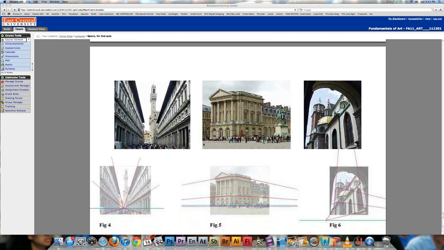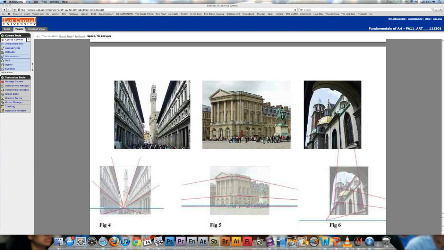So here we see an example of all three. Here we have one-point perspective, where all of these lines that are parallel all converge somewhere right around here. Okay?